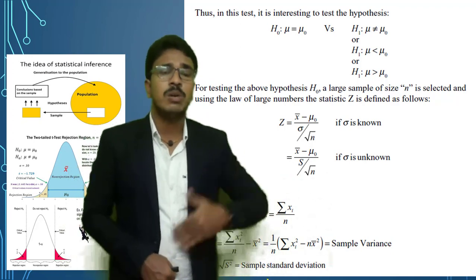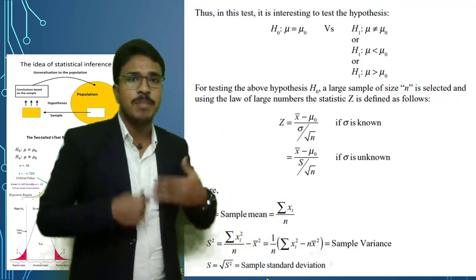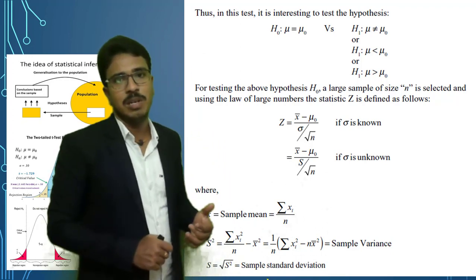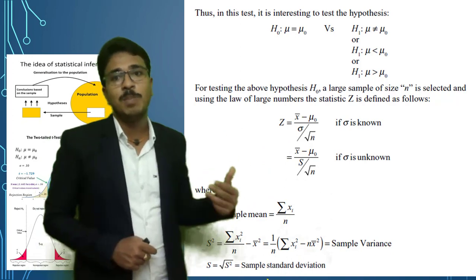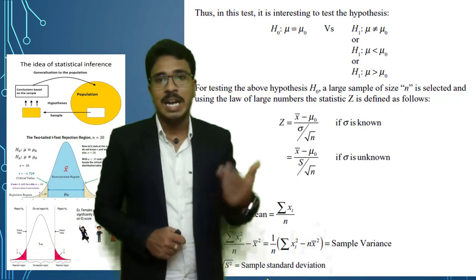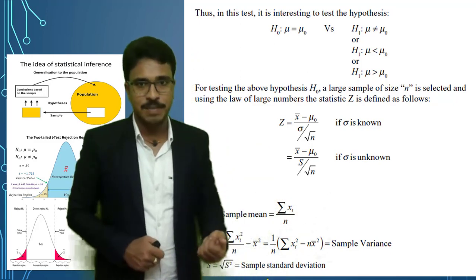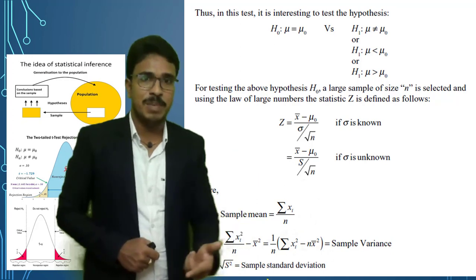You have to recall some of the terminologies from that class, so I'm repeatedly stressing them. S square is the sample variance, sigma square is the population variance, S is the sample standard deviation, and sigma is the population standard deviation. X bar is the sample mean, mu is the population mean.